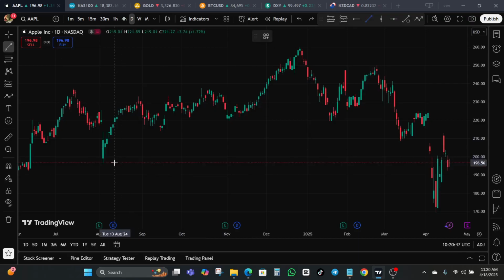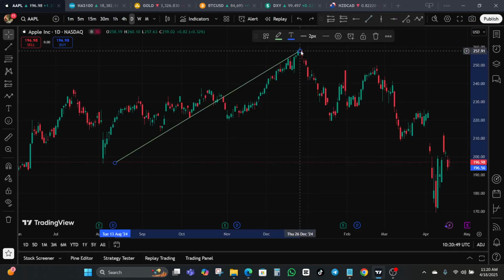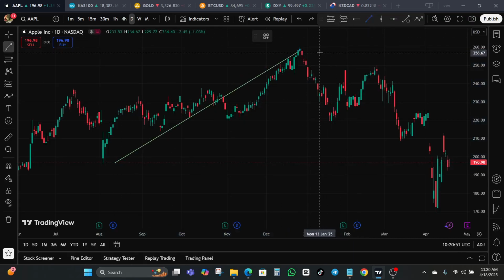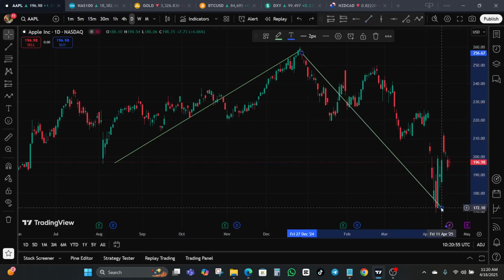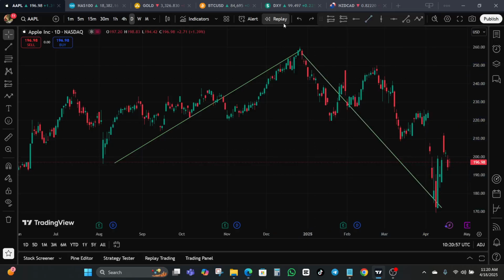This was an uptrend. This was the end of the uptrend, right? And this was the start of a downtrend. Okay? So basically, it could be the top of an uptrend or the bottom of a downtrend that the reversal will start. Okay? So instead of chasing trends, reversal trading focuses on entering right when the market pivots.